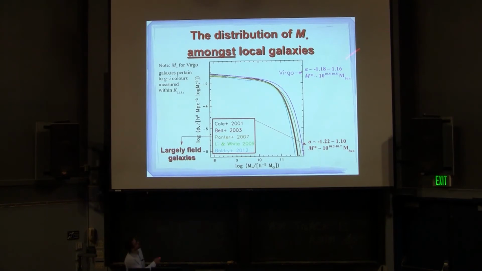But one difference is that the characteristic mass is somewhat larger in the Virgo cluster than in the field. And so what this tells us is, as we would expect, cluster environment preferentially hosts more massive galaxies than the field. And this has been seen in other recent work of mass functions across many environments by a paper just released this year by Rosa Calvi.